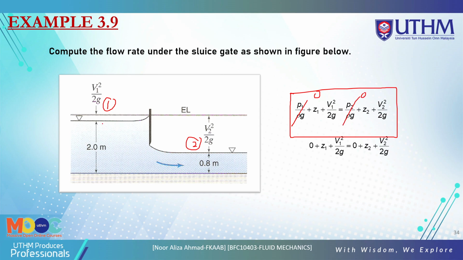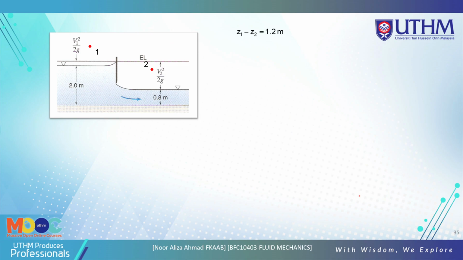So we have Z1 and Z2, and we have V1 and V2. Z1 is 2 meters, and that's Z2 here. So Z1 minus Z2 is 2 meters minus 0.8, so we get 1.2 meters here. Using the continuity equation relating 1 to 2, we must get Q1 equal to Q2.